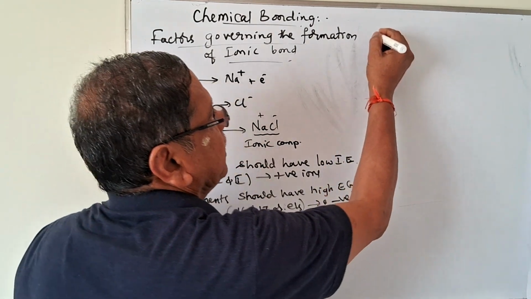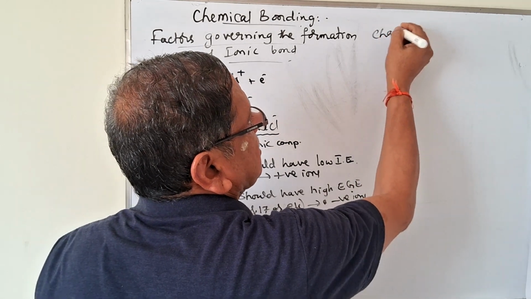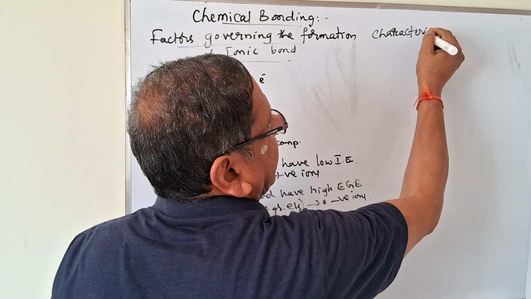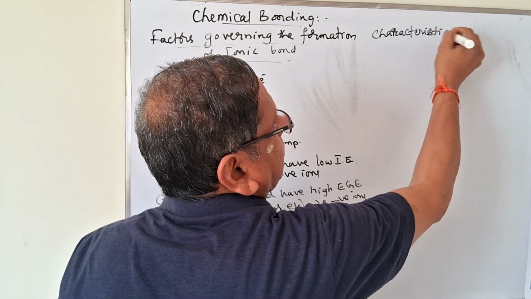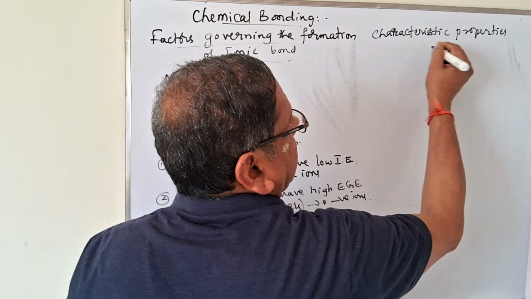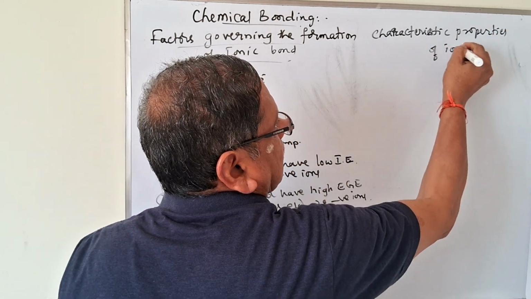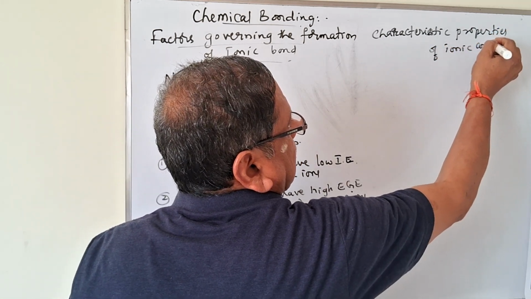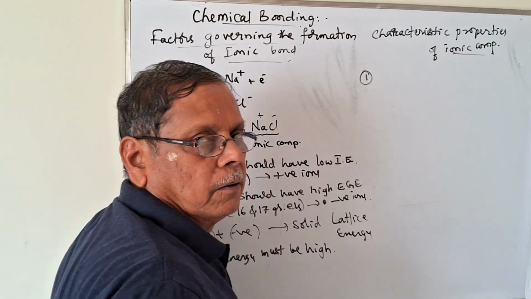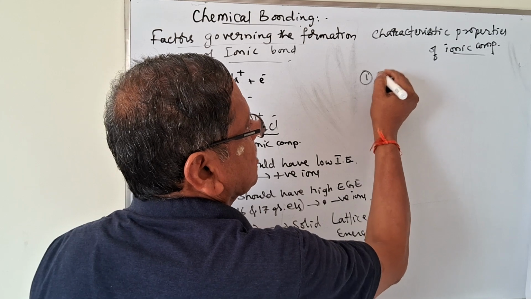Now let us go for the characteristic properties of ionic compounds. The first one is, most of the ionic compounds are generally solids.